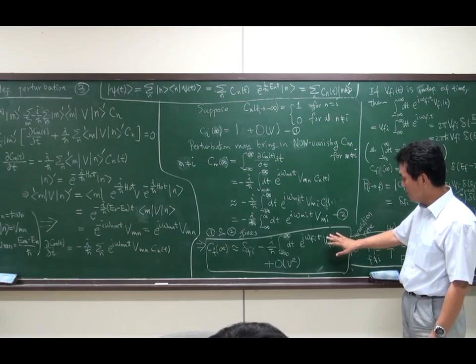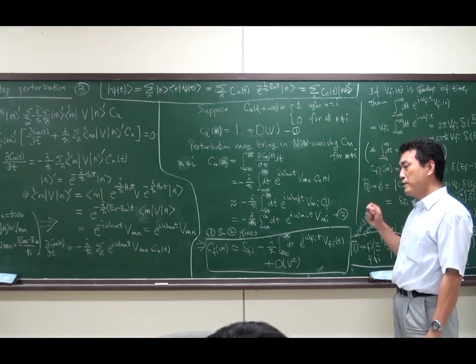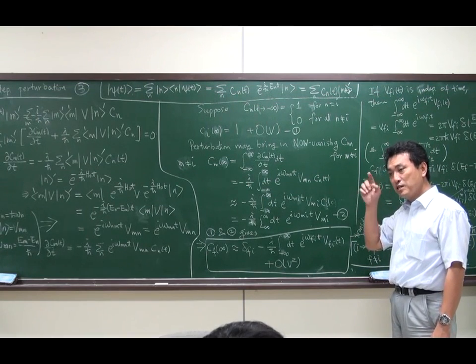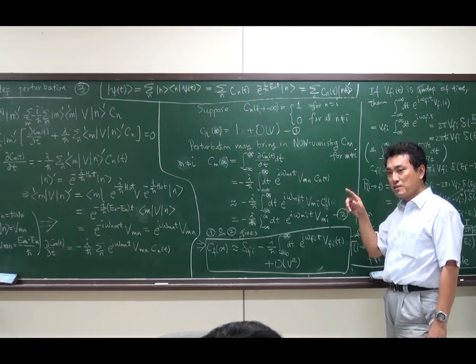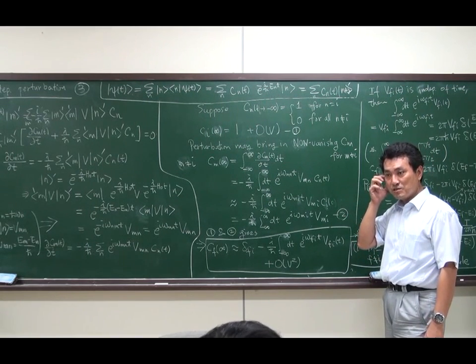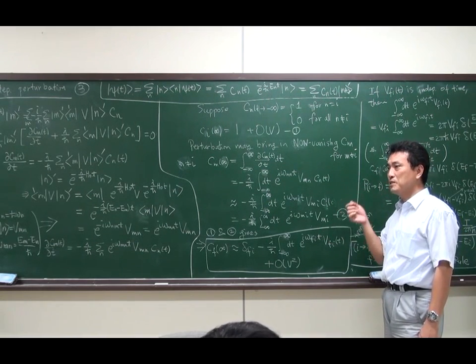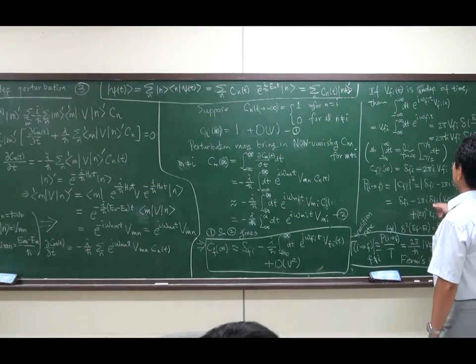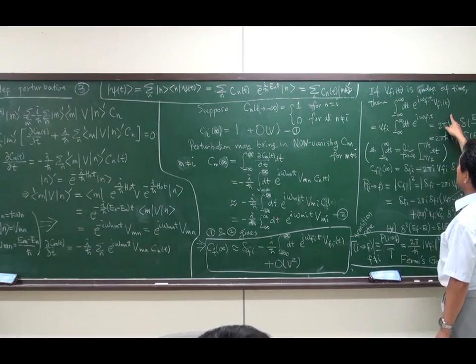That means this delta function says omega_fi, whose argument means the energy of the final state minus the energy of the initial state. That means energy conservation. The initial state's energy must be the same as that of the final state. So, this is the result.